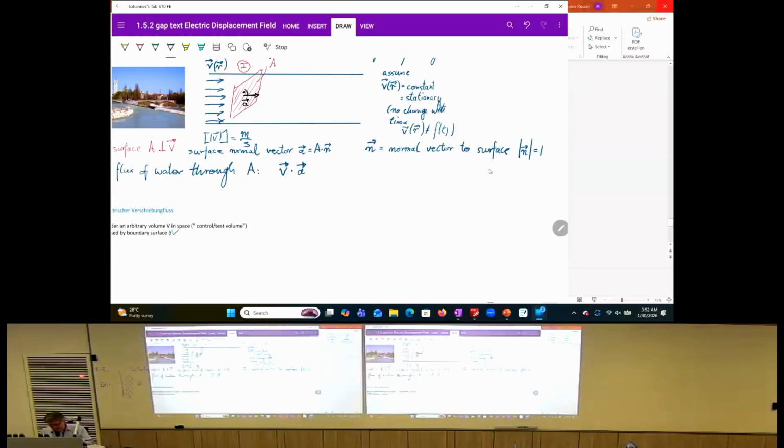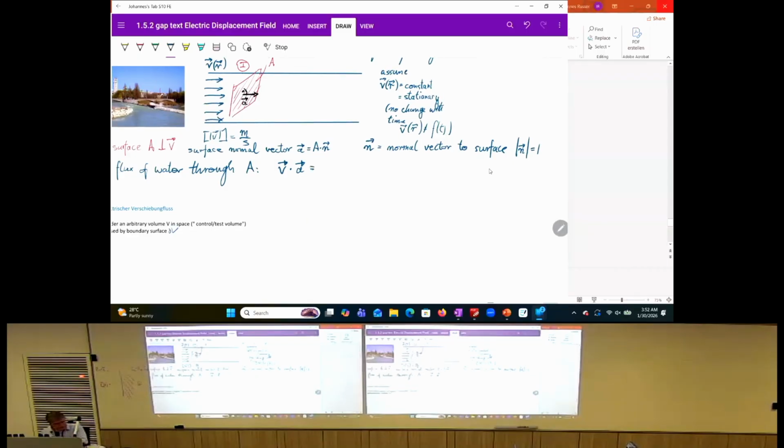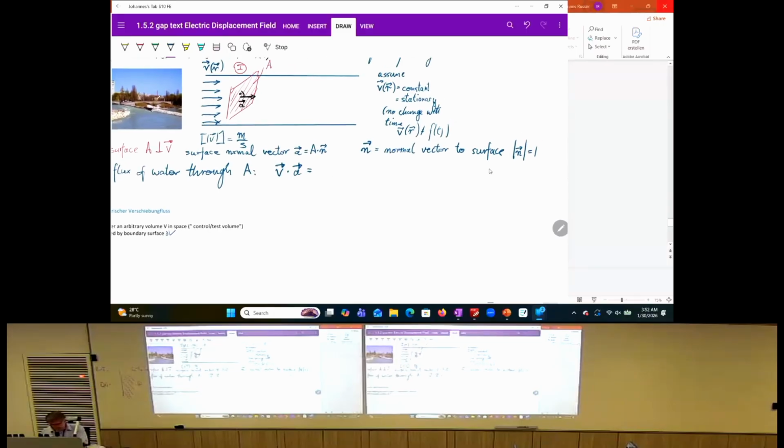And also the area element is positioned such that the normal vector is also aligned. So we have the condition that this describes basically how much water is flowing through this surface element.